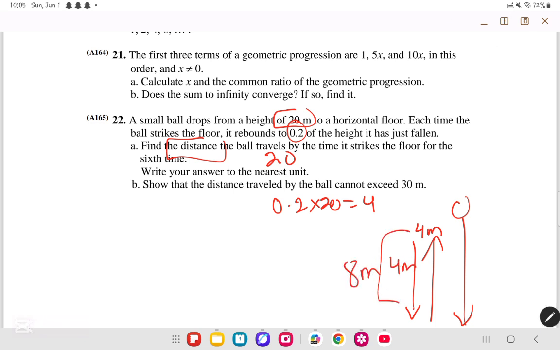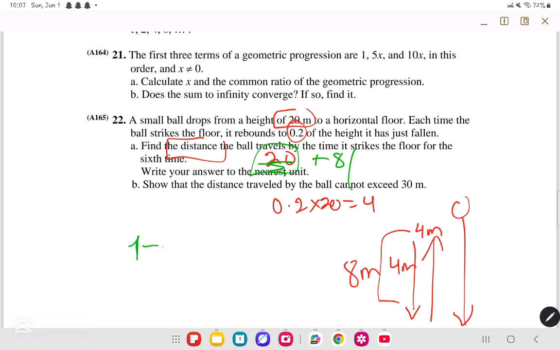Okay, so these first few steps are important. First it travels 20, then it travels another 8. By the way, why did we keep 20 by itself? We kept 20 by itself because it only goes one distance, 20. But for 8, it goes up and down. So it's going to be 8 multiplied by how many times it rebounds. First of all, the equation of the sum. What is the sum of a geometrical sequence?